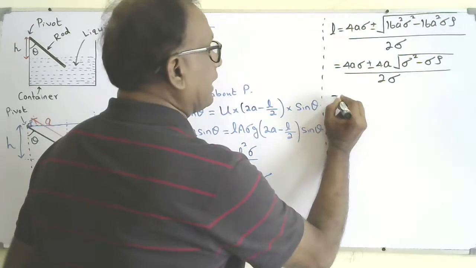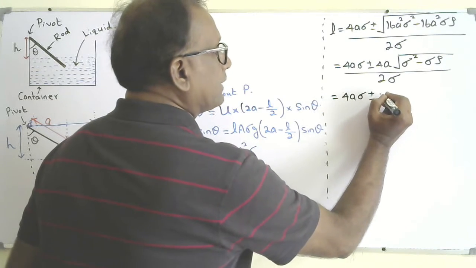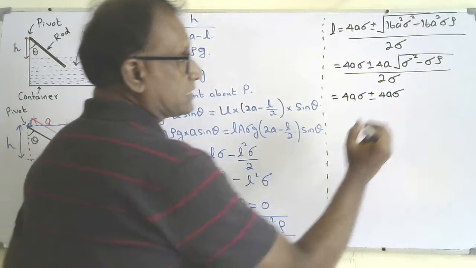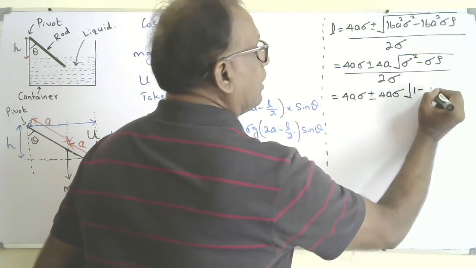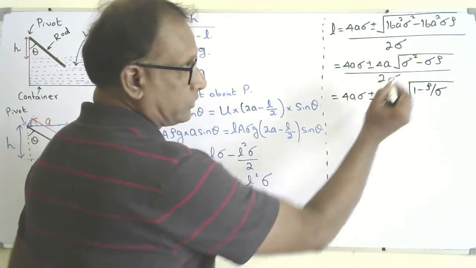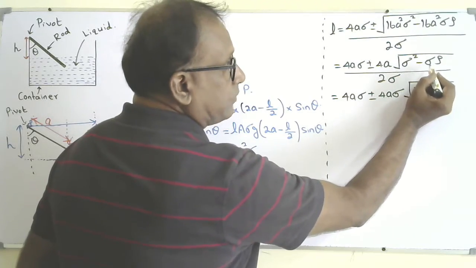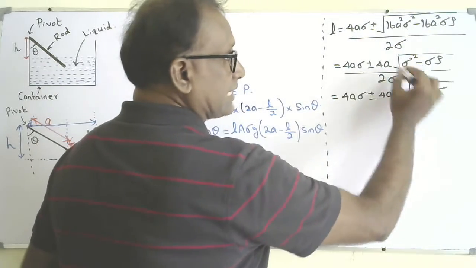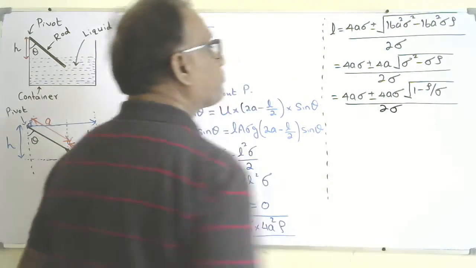So I can write 4a sigma plus or minus 4a sigma square root of 1 minus rho over sigma, divided by 2 sigma.